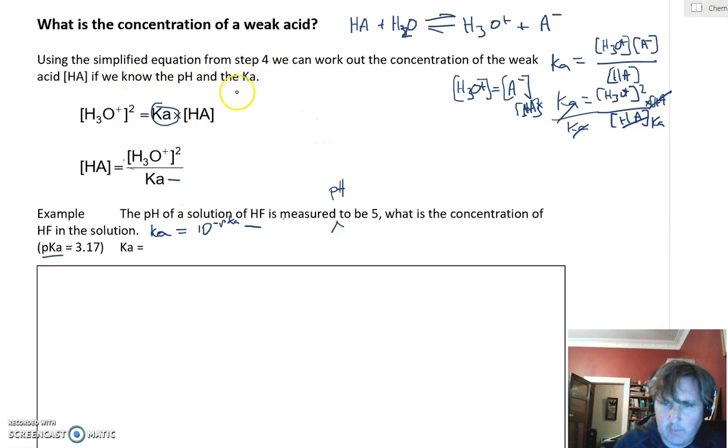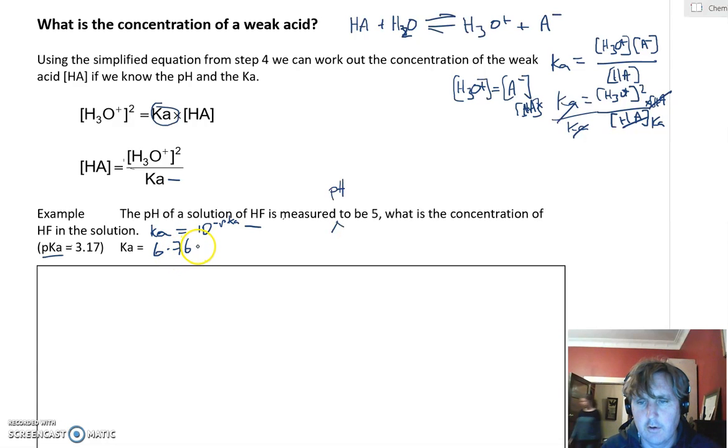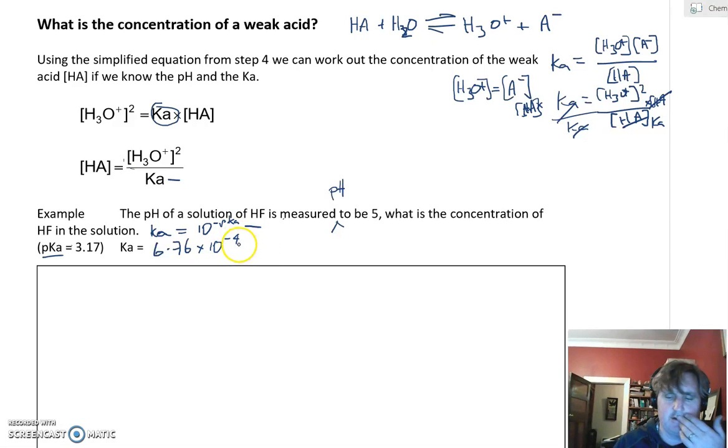Our Ka equals 6.76 times 10 to the negative 4. Now, a Ka doesn't have a unit. It's kind of like a Ks. It doesn't have a unit, so we can just leave it like that. But now we're ready to chuck that in here.